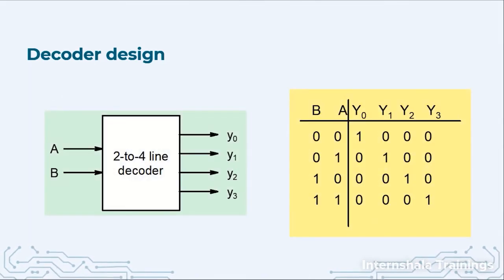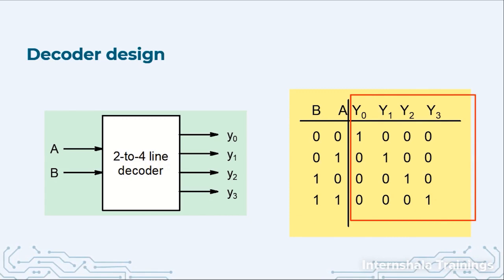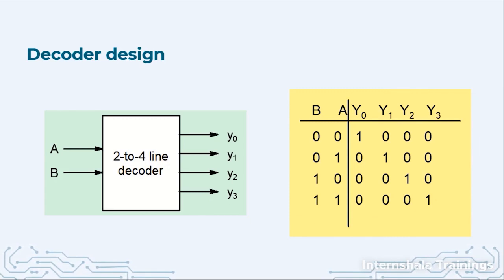Now let us talk about the design aspect. It is very simple. I have 2 inputs, A and B. I can call them D0, D1, anything. And I have 4 outputs, Y0, 1, 2, 3. The logic is simple. Based on the combination of inputs 0 0, 0 1, 1 0, 1 1, out of Y0, 1, 2, 3, only one will be 1, the remaining will be 0. So for 0 0, Y0 is 1.